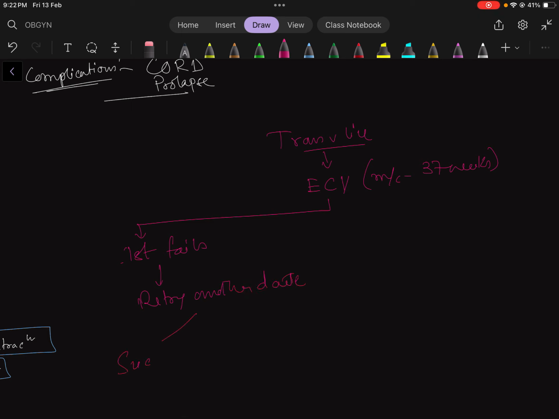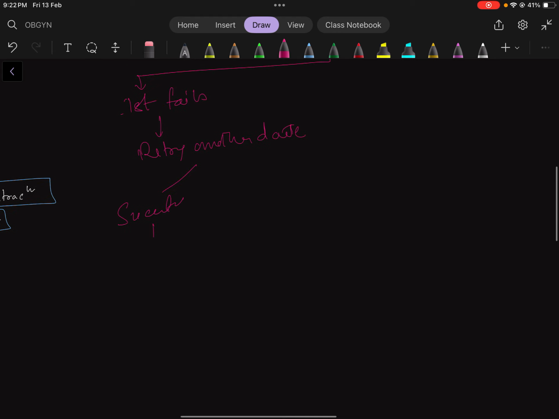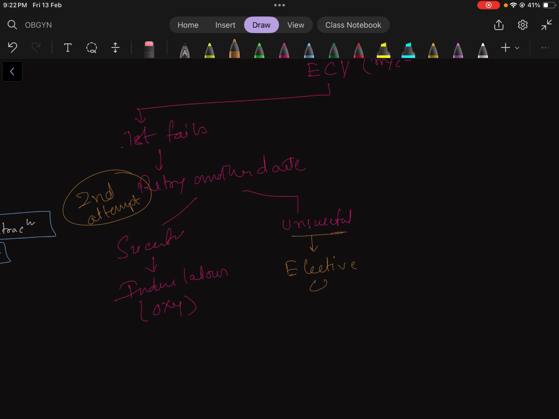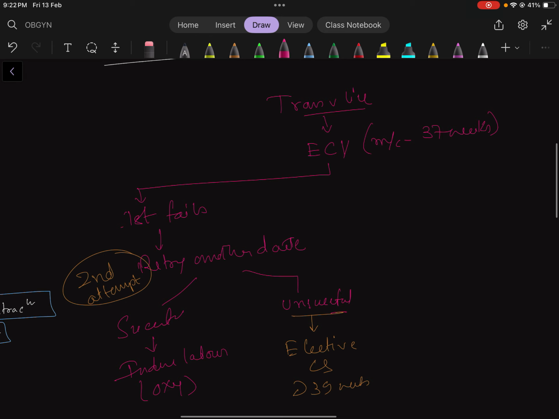If it is successful, we induce labor by oxytocin. If it is unsuccessful at the second attempt, then we go for elective cesarean at 39 weeks.